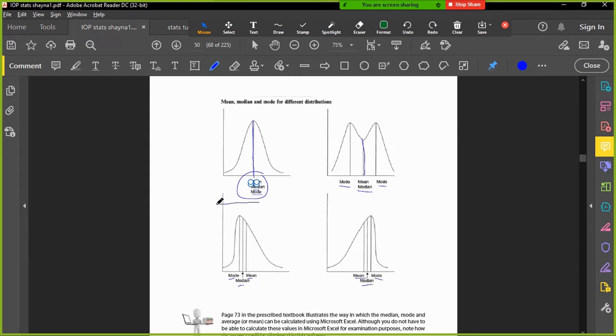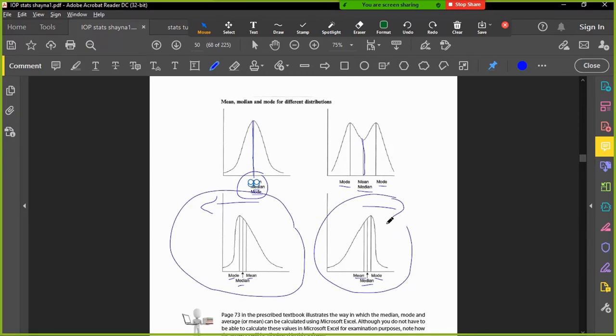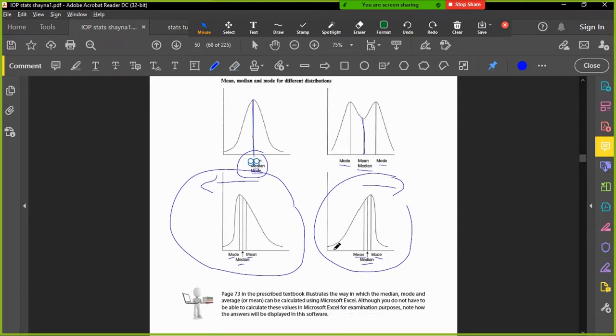So this could be skewed in that direction. This is skewed in that direction. Does that make sense? Yes. It's just how the data is represented, the look or the feel of the data. And these graphs you can only draw once you've got enough data. Make sense? Yes, thank you.